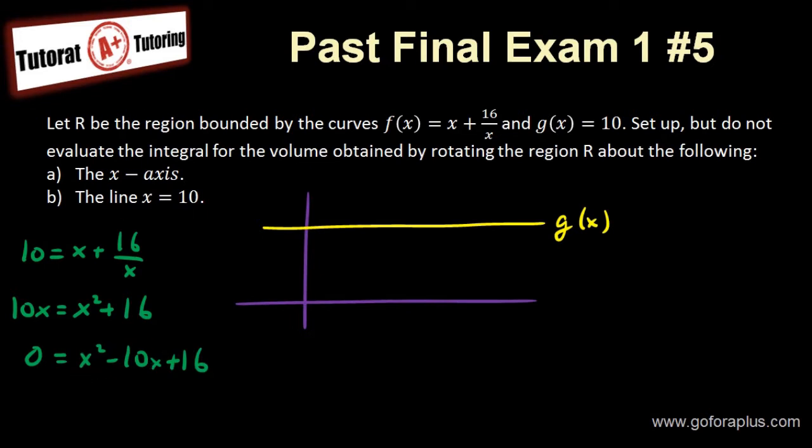If you factorize this, it gives you x minus 8 and x minus 2. So x equals 8 or x equals 2. I will have two intersecting points at 2 and at 8.